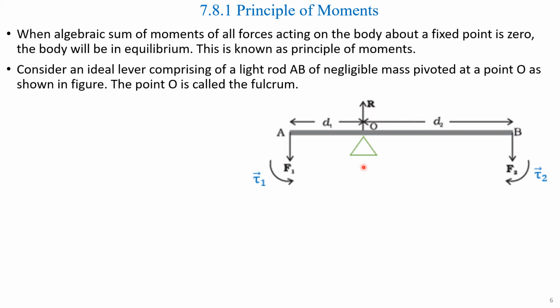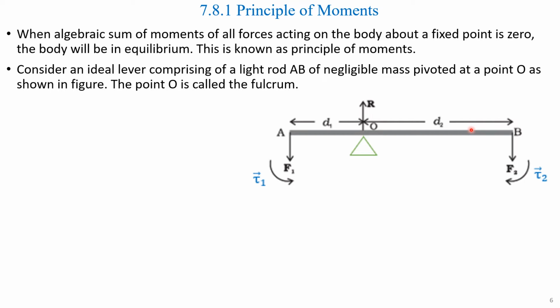Here, two forces F1 and F2, parallel to each other and usually perpendicular to the lever, act on the lever at distances D1 and D2 respectively. So F1 is acting downwards, F2 is acting at B downwards, and A is located at a distance D1 and B is located at a distance D2 from the point O.